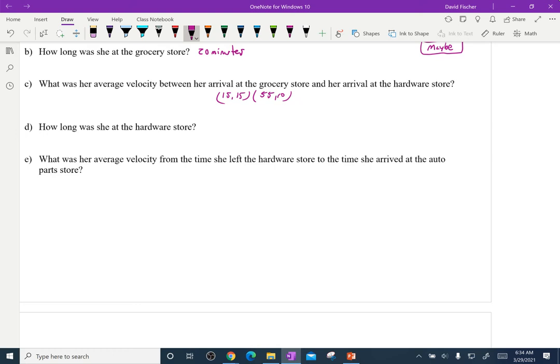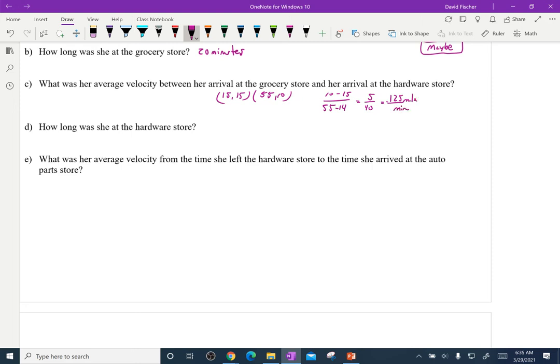Okay, so again, find the slope. Even though it's going to be a negative slope, we're going to ignore the negative part. We just know she's coming back towards her house. I get 1.125 miles per minute.